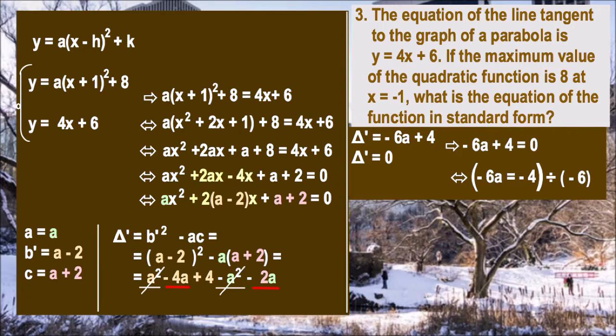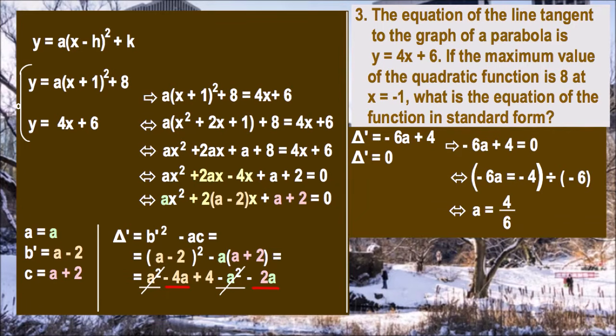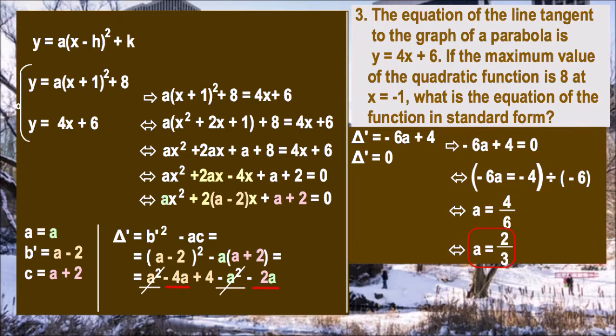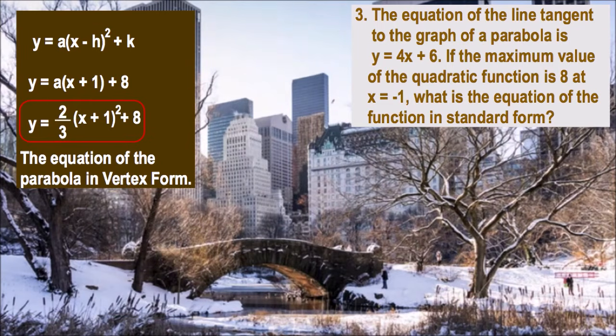Divide both sides of this equation by negative 6 and obtain a equals 4 divided by 6, which is equivalent to a equals 2/3. Thus, the equation of the parabola in vertex form would be y equals 2/3 times the quantity x positive 1, everything squared, plus 8.